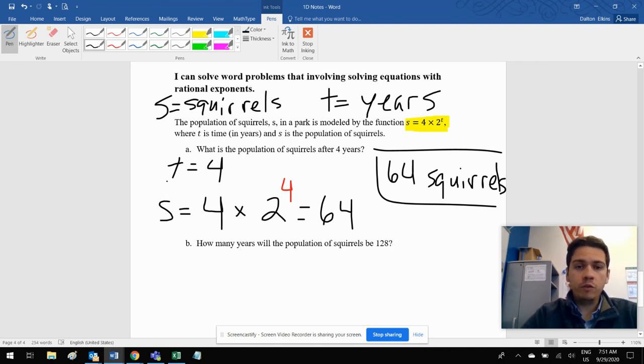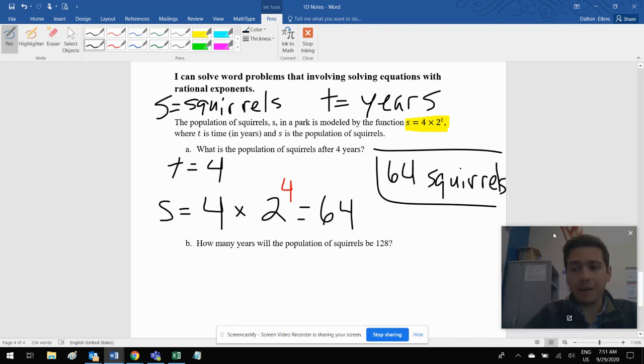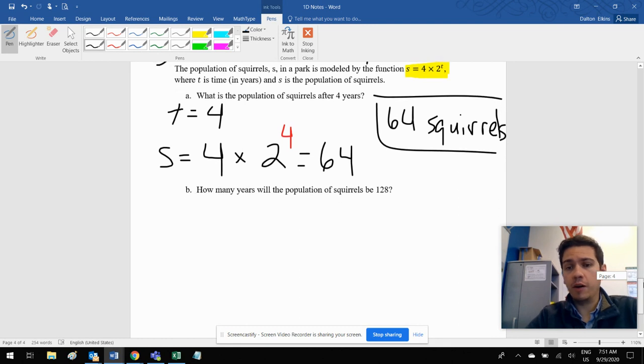Okay, so using the equation that was presented with us, we were able to figure out how many squirrels would be in the future. But let's say we don't necessarily want to know the number of squirrels in the future, but instead we want to know, how long is it going to take for there to be this many squirrels? So instead of given the number of years, we're given the number of squirrels.